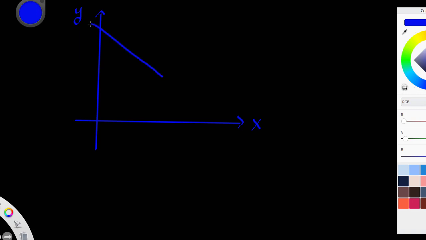Let's say that we have a straight line, and let's put a couple points on this line. Let's say that we have the point 3, 5, and the point 6, 1. Now let's say that we want to find the equation for this line, so we have to find the slope and the y-intercept.